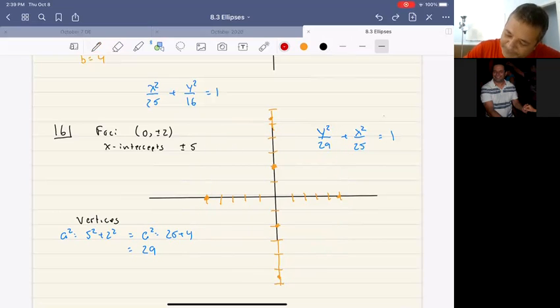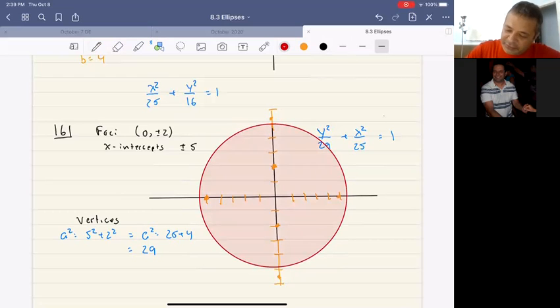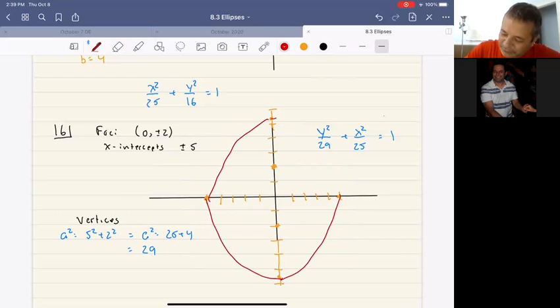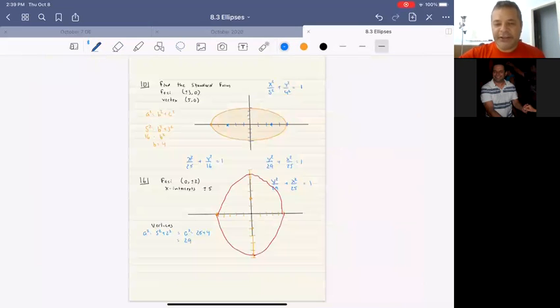One more time. Now I'm not going to do it with the shape tool. It's not a pretty ellipse, but it's an ellipse. Let me write the equation again for you. It is y squared over 29 plus x squared over 25 equals 1. I'll see you all in a new video shortly.